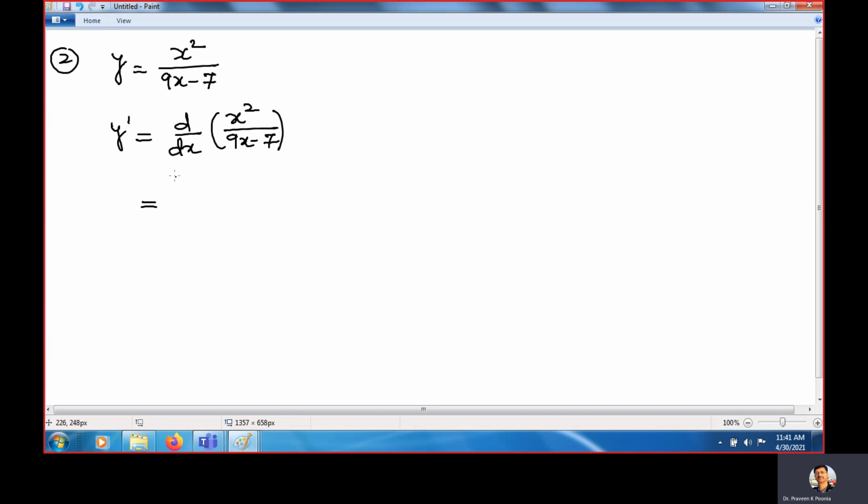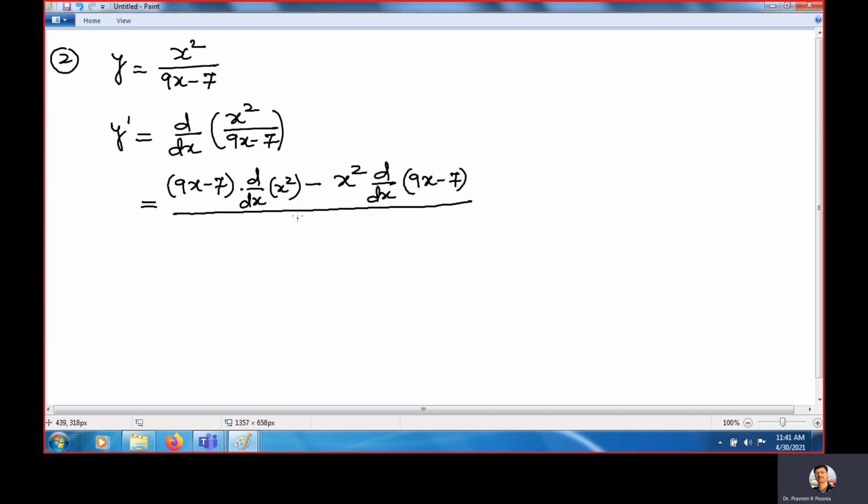It is (9x minus 7) times the derivative of x power 2, minus x power 2 times the derivative of (9x minus 7), upon (9x minus 7) whole power 2. This is the formula: downside times derivative of the numerator, minus the numerator times the derivative of the downside, upon (9x minus 7) whole square.